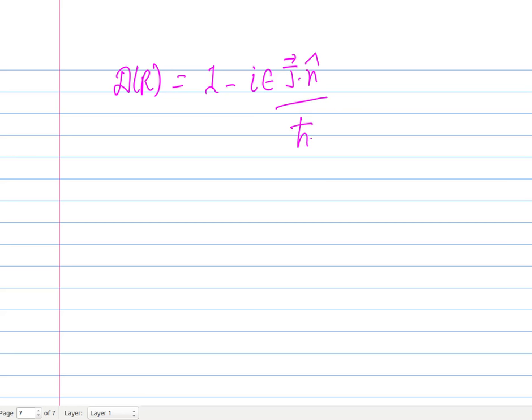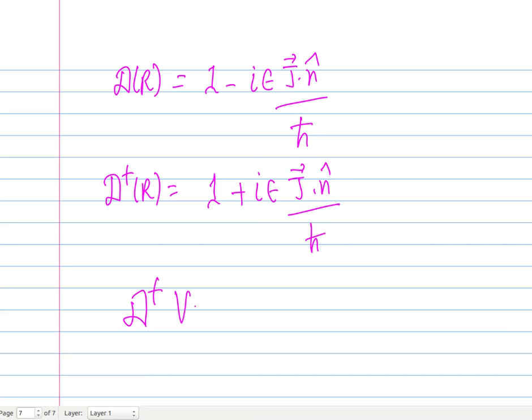Now clearly D dagger of R will be 1 plus i epsilon J dot n cap by h bar, and my assertion was that D dagger vi D should be equal to the summation over j of rij vj.